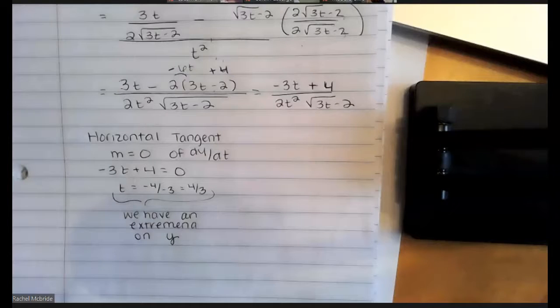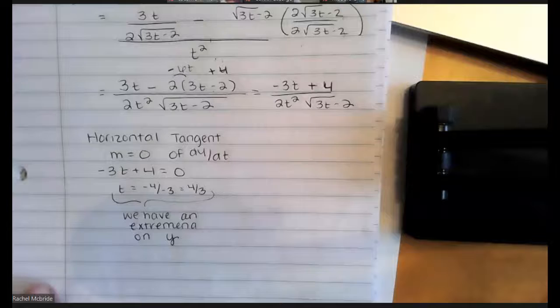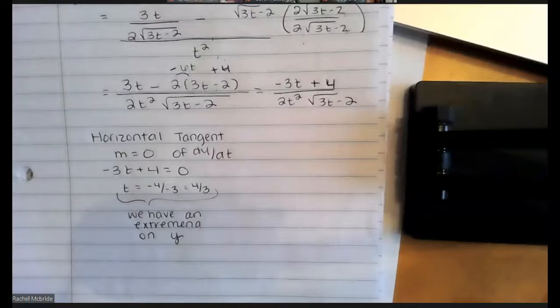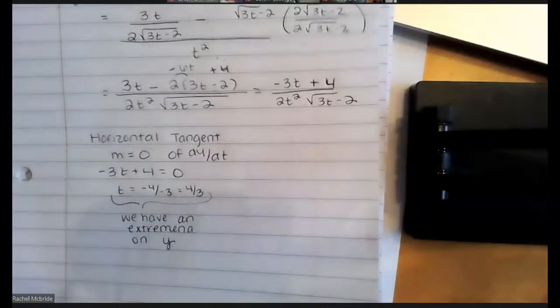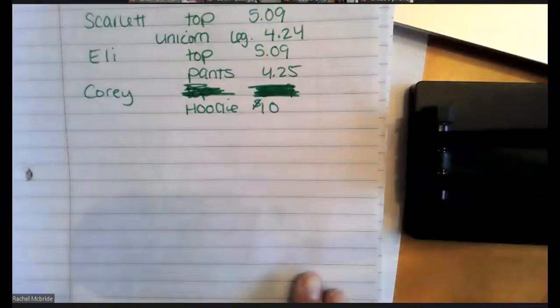Okay, so that was number 17 from the trig circuit packet. Also, let's look at 13 from the additional packet. And honestly, 13 is probably one of those tricky ones on that packet.